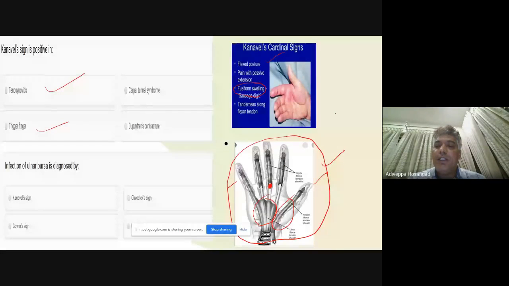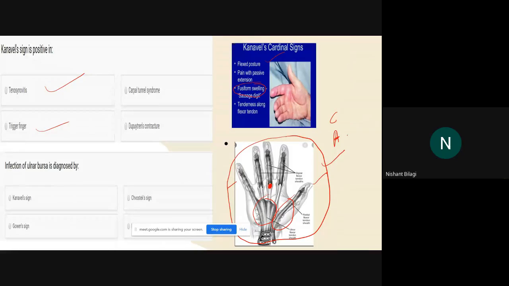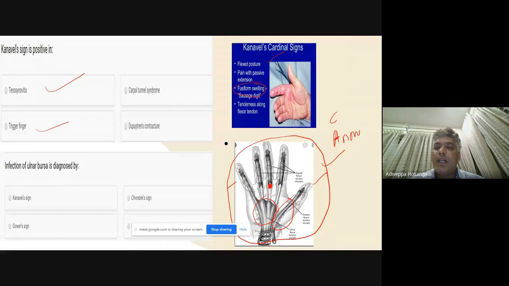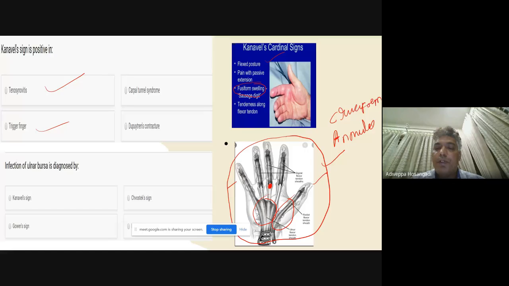These are C pulleys and A pulleys. Please remember this. A pulleys are annular pulleys and C pulleys are cruciform pulleys. Cruciform pulleys are in the form of a cross, and they generally lie across the joints: C1, C2, C3.